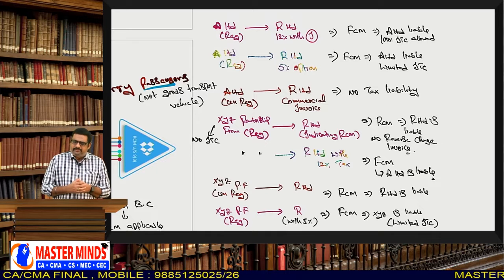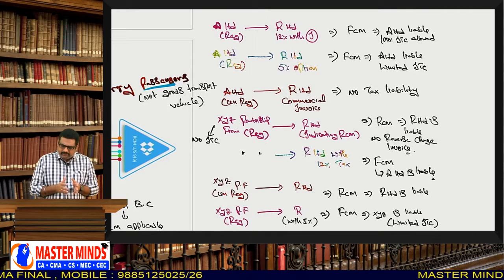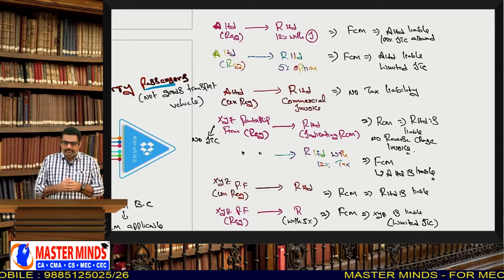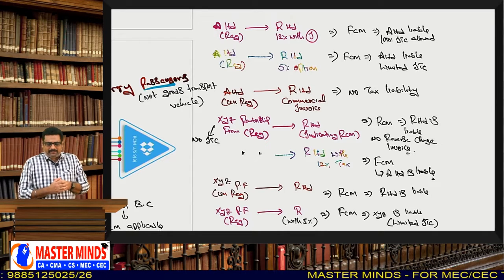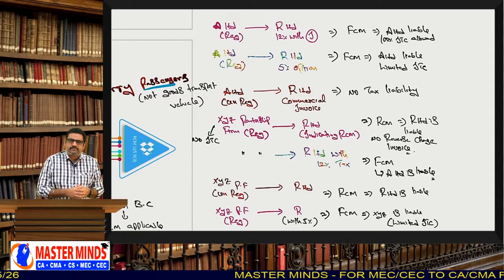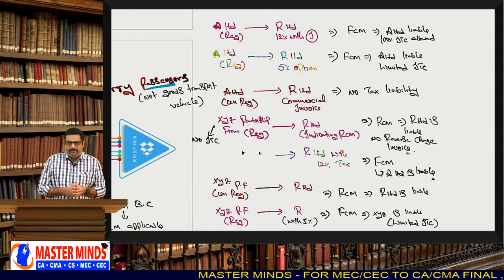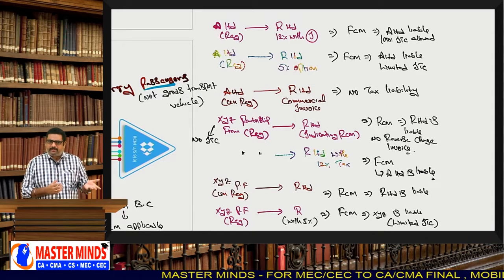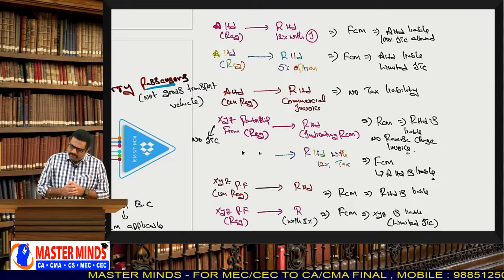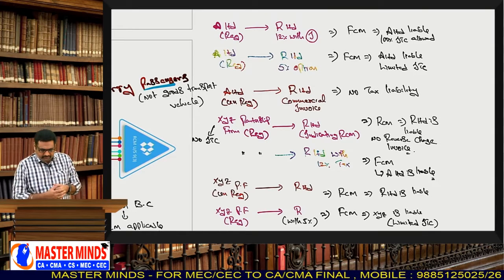So being an unregistered person, A Limited is actually giving R Limited a commercial invoice. In this case, A Limited is an unregistered person, therefore there is no need to pay any GST, so there is no tax liability at all. If there is no tax liability, there is no question of either FCM or RCM. Next point.